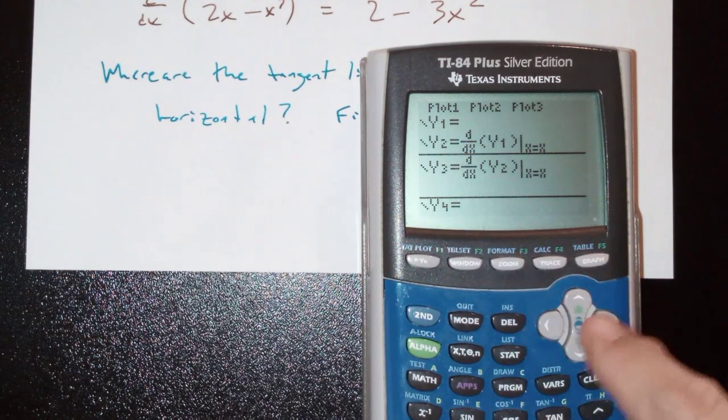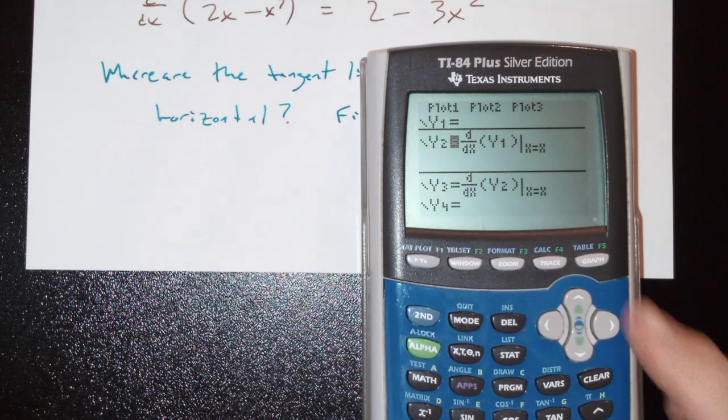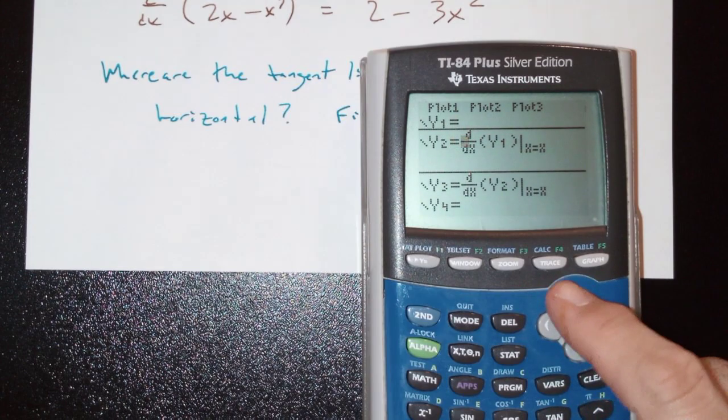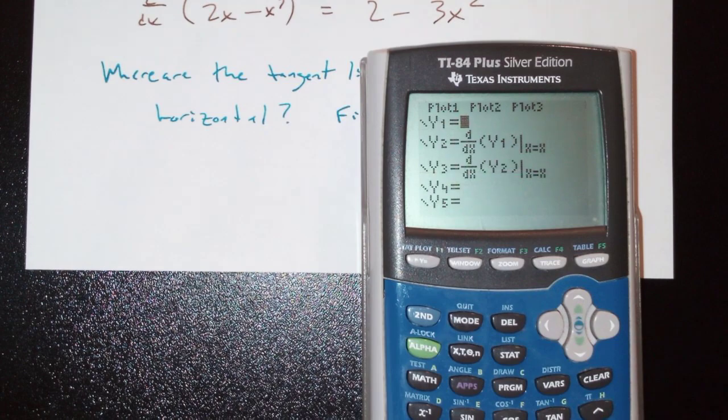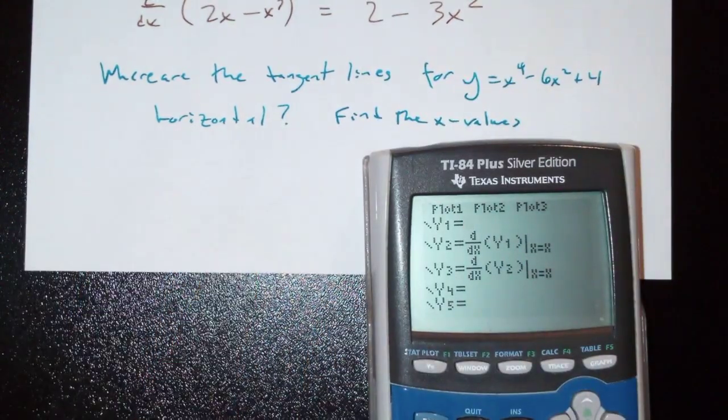You go highlight the equal sign, hit enter, it'll change it from highlighted, where it's on, to unhighlighted, where it's off. Then I don't have to get rid of those. I can keep them on hand in case I need them. Your option, it's not a requirement. But I want the graph of this.